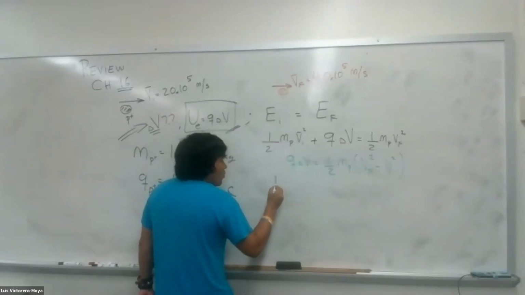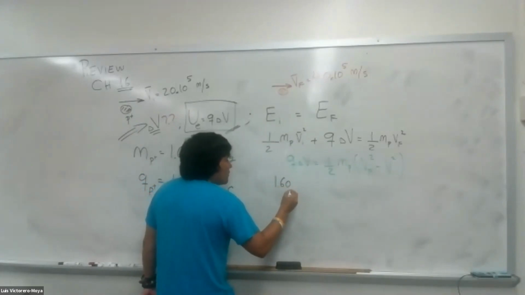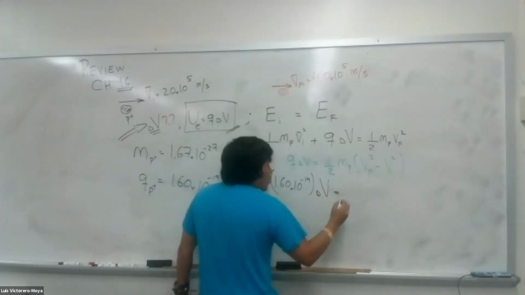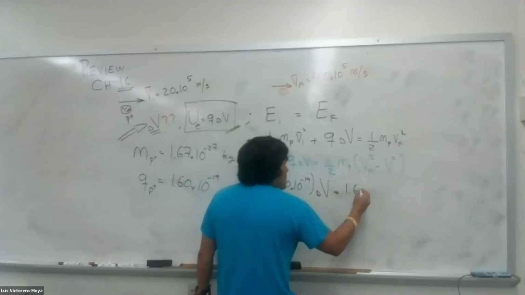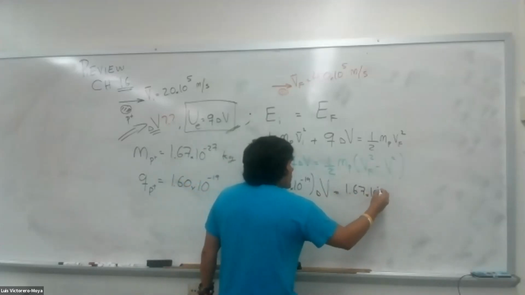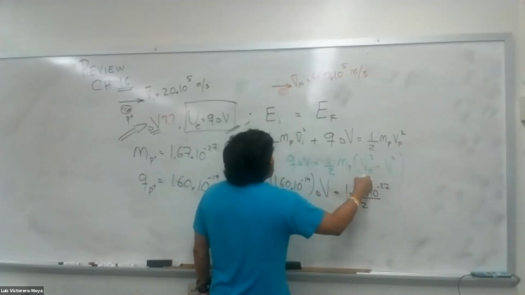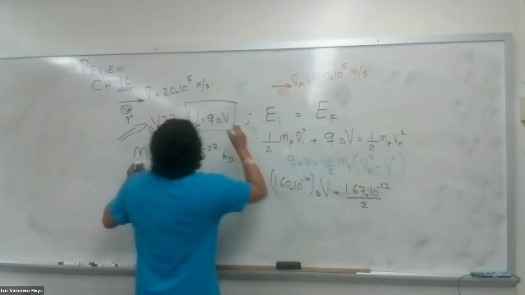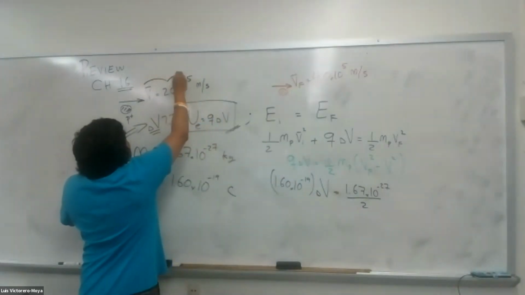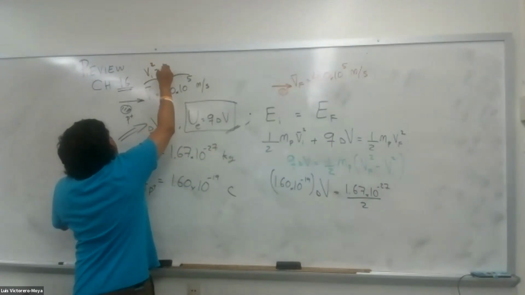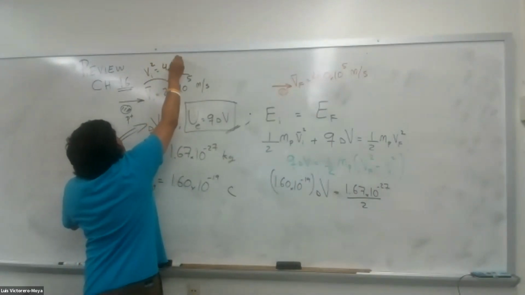Now, 1.60 times 10 to the negative 19 times delta V, which is what we're looking for, equals 1.67 times 10 to the negative 27 divided by 2. Okay, why do I do this? Because this square is 4 times 10 to the 10.